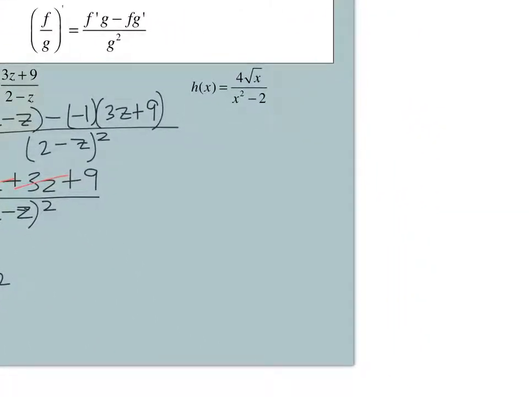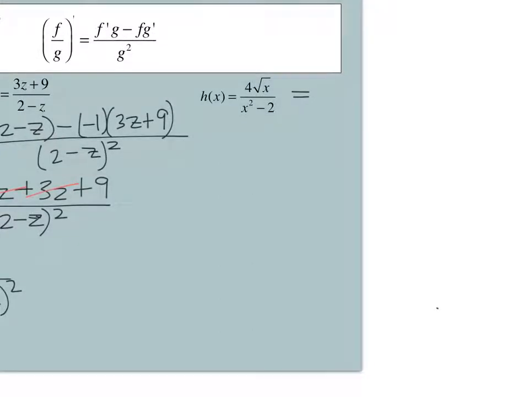So this next one, I can tell it's going to suck because it has a radical in it. So I would write it out without the radical. I'd write 4 times x to the half over x squared minus 2, like that. And then I would do it that way. So h prime here is going to be the derivative of the top.